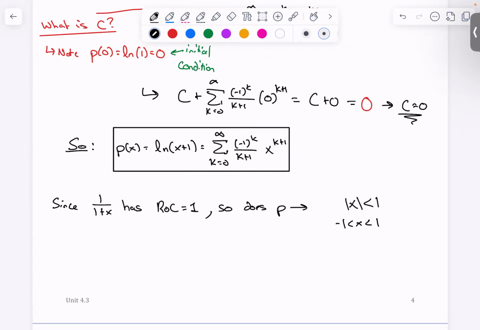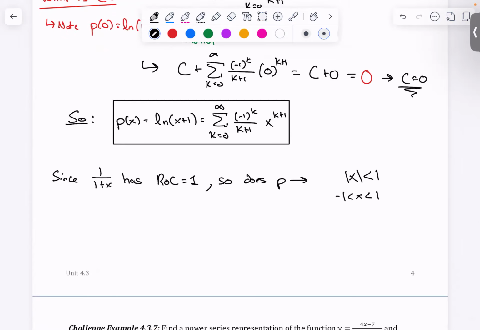But we still need to test the endpoints. That gives me the open interval of convergence, not the full interval of convergence. So at x equals -1, we get the sum from k equals 0 to infinity of 1 over k plus 1.